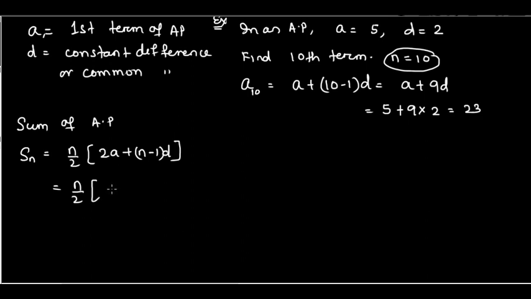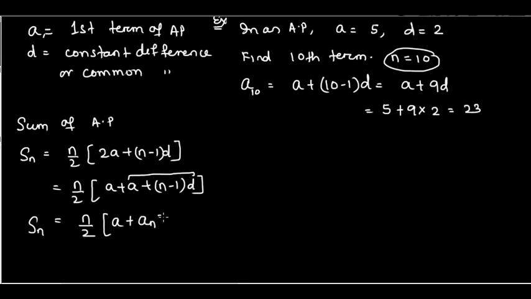That is equal to n by 2. 2a can be written as a plus a, then we have n minus 1 into d. So Sn is equal to n by 2 whole into a plus this a plus n minus 1 into d, which is nothing but the nth term, so you can write an.